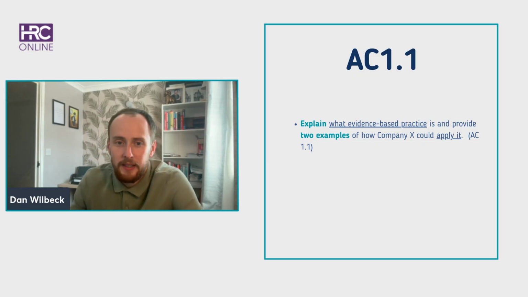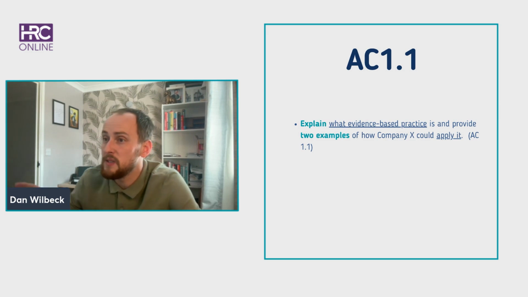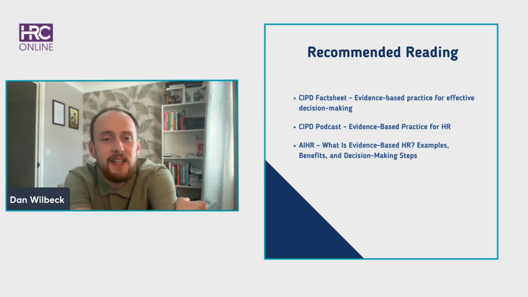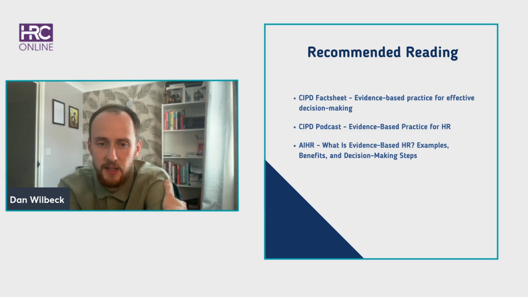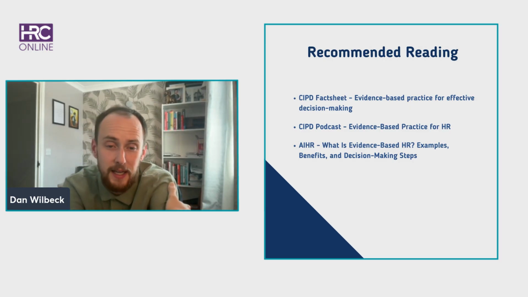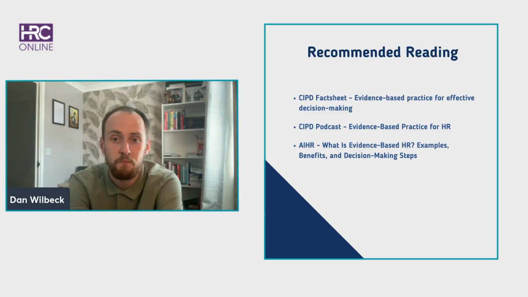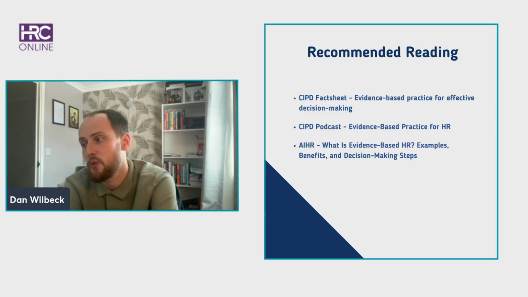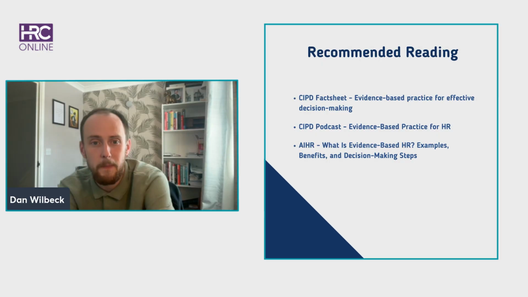There's so many different ways of how you could do this, and I wouldn't want to send you down a garden path. So let's just crack on as we mean to go on. Let's start off with some recommended reading for you. So we always say CIPD is an amazing place to start, and that's because you're doing a CIPD accredited course. So first of all, there's a CIPD fact sheet called Evidence-Based Practice for Effective Decision Making.